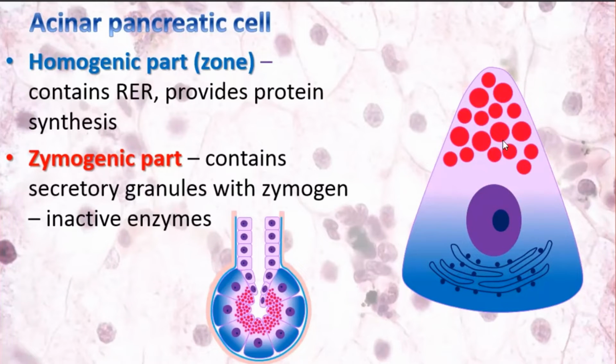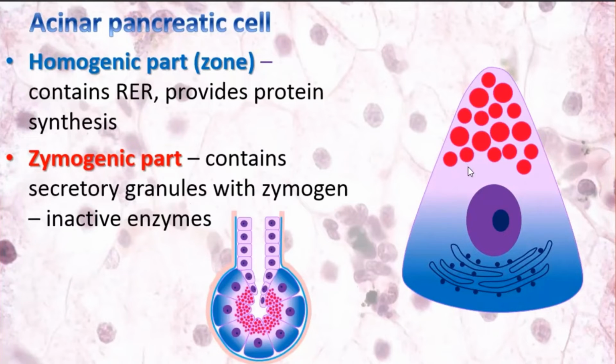There are secretory granules which contain secretory products, inactive enzymes, and they are stained into the red or pink shades, and that's why these granules are oxyphilic or eosinophilic. And this zone, it contains inactive enzymes, and that's why this zone is called zymogenic pole or zymogenic part or zymogenic zone. Those granules, it's zymogen, inactive enzymes.